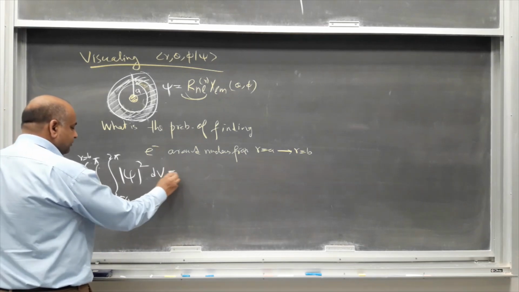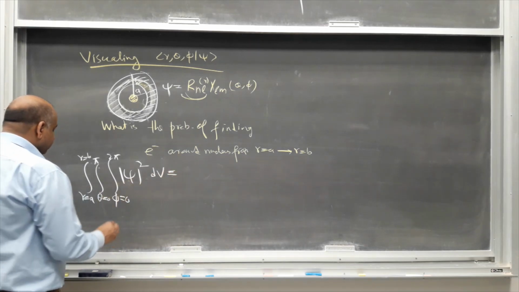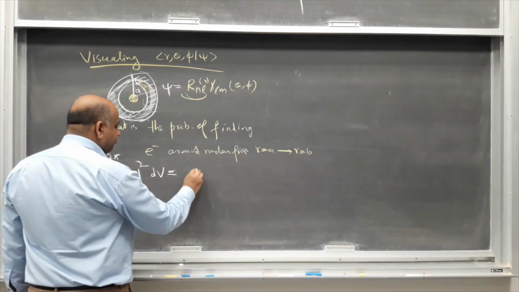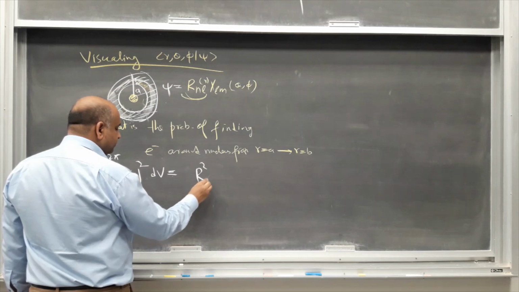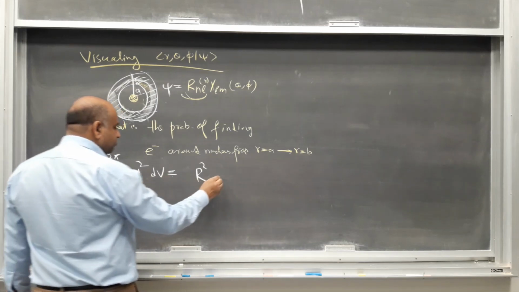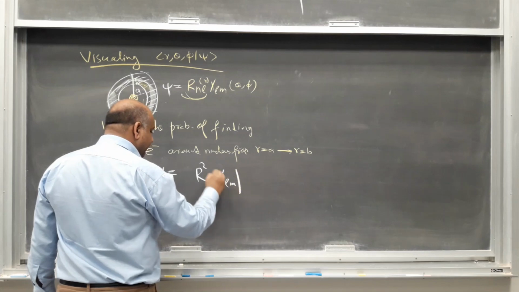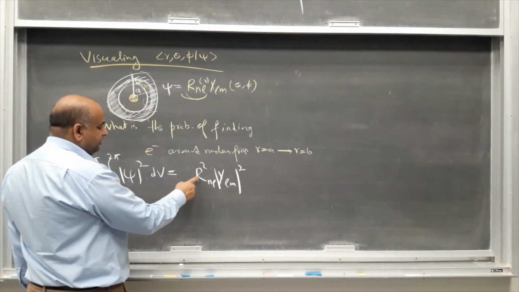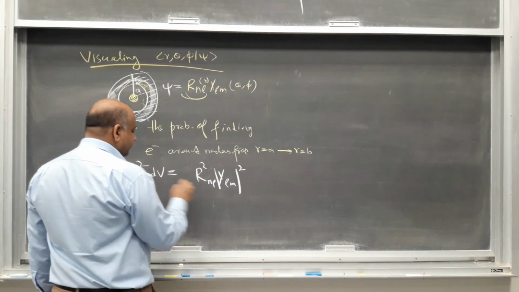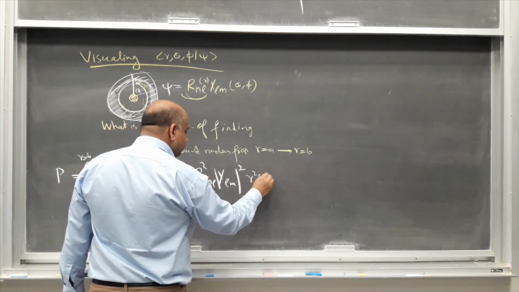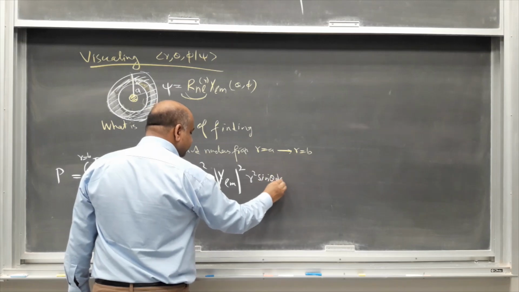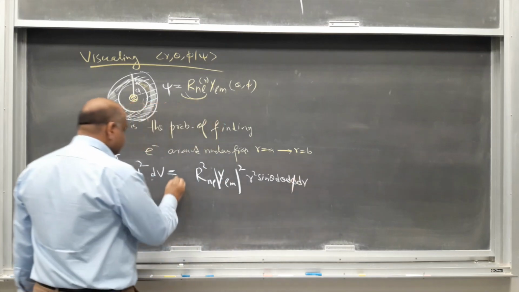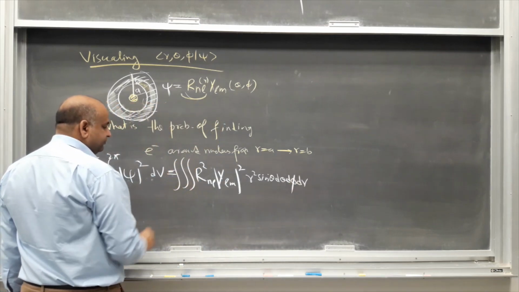Now, this psi squared, which is my probability of interest, is nothing but R squared times |Y_lm| squared. You don't need the mod here, you can put it if you want, because this is not a complex function. And the volume element is r squared sine theta d theta d phi dr, integrated over r, theta, phi.